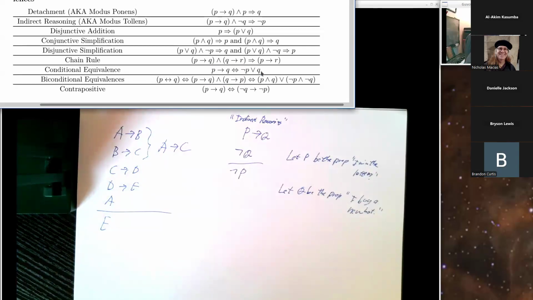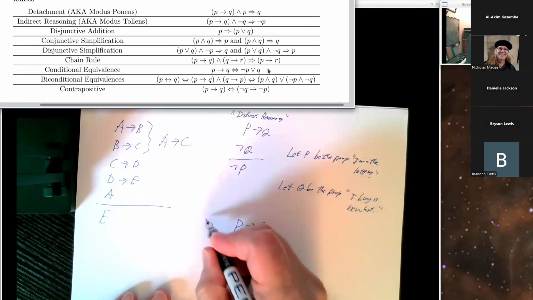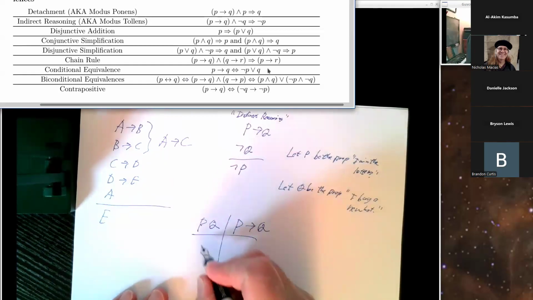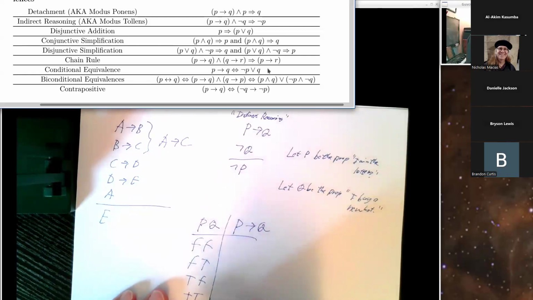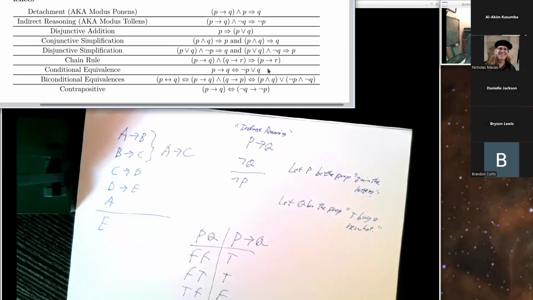Conditional equivalence, I think, is harder to find an intuition behind, but we made a truth table for this implication statement, and we found out that it was equivalent to either P is false or Q is true. But remember, if we have P implies Q, that's almost always true. The only time this fails is when the hypothesis is true and the conclusion is false.